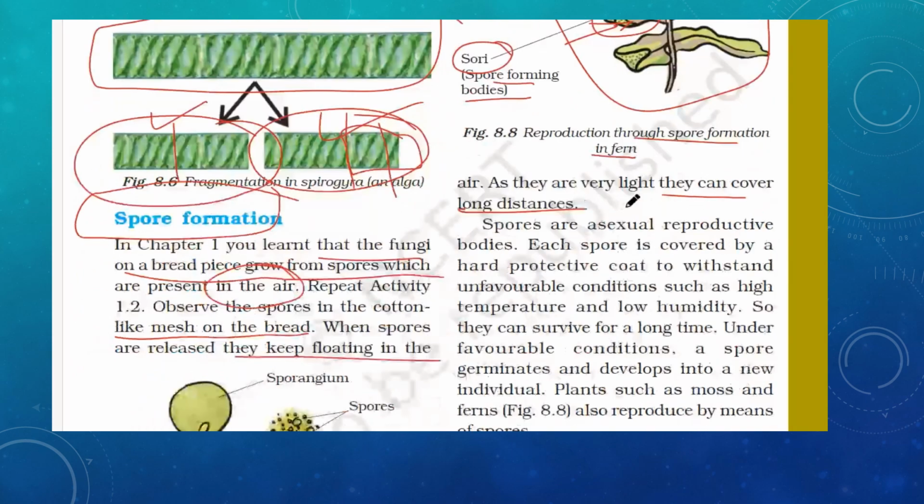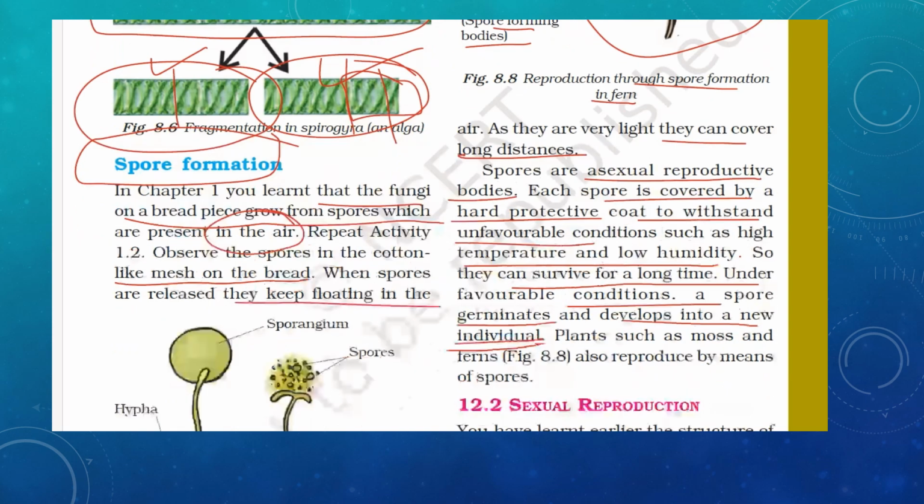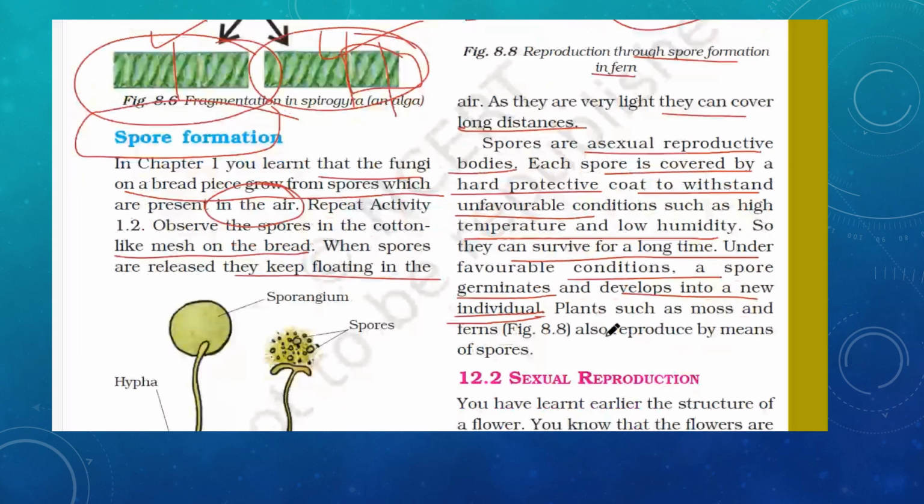Spores are asexual reproductive bodies, and each spore is covered by a hard protective coat to withstand unfavorable conditions such as high temperature and low humidity. So they can survive for a long time, and under favorable conditions a spore germinates and develops into a new individual. Plants such as moss and ferns also reproduce by means of spores.